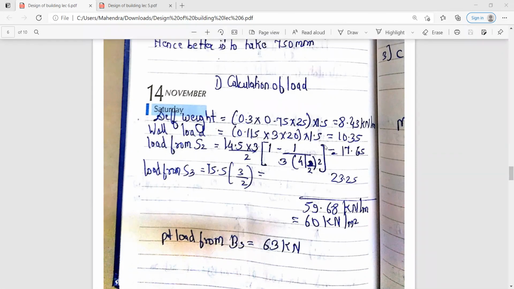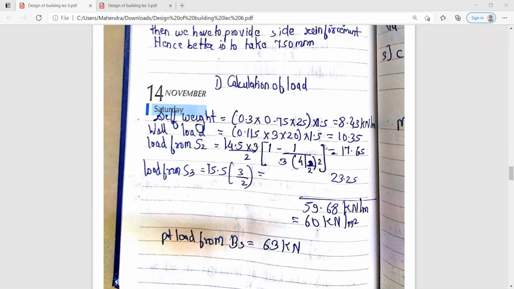So we'll start with the bending moment and shear force calculations. Yes, understood?